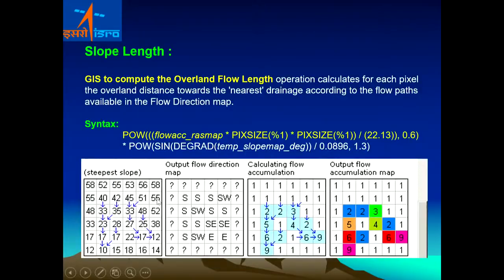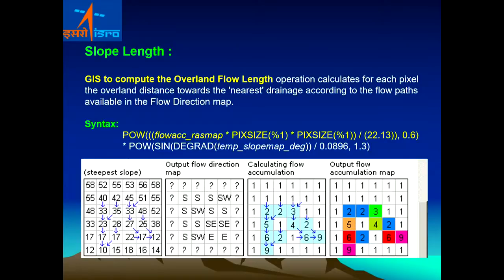In GIS functionality we can see here the slope length. You see this is the DEM. You can generate the flow accumulation map, and each pixel's number shows how many pixels this pixel is receiving runoff water from.